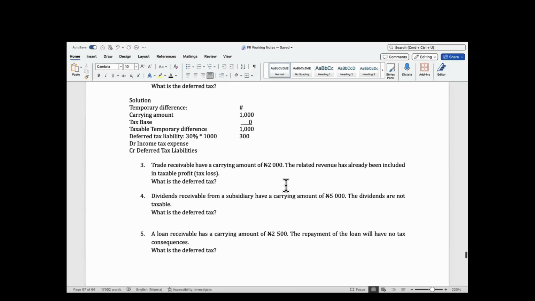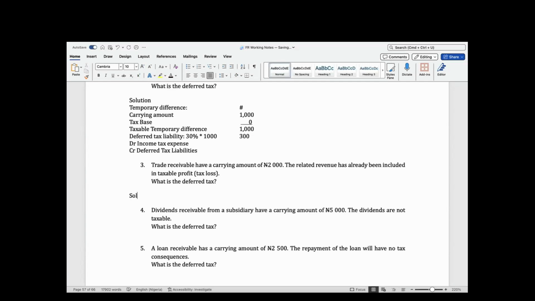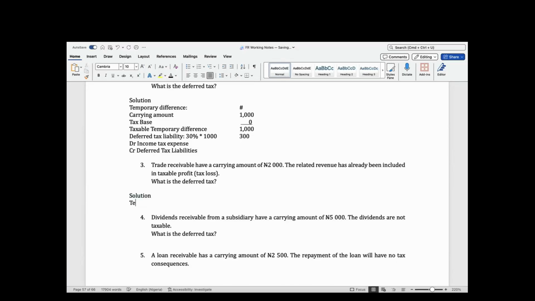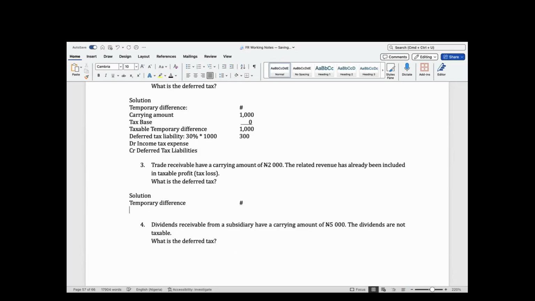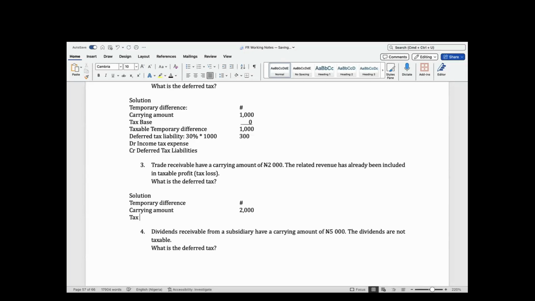Question 3. A trade receivable has a carrying amount of 2,000. The related revenue is included in taxable profit already. Okay. So for this one, my temporary difference is my carrying amount, which I was given as 2,000, and my tax base.